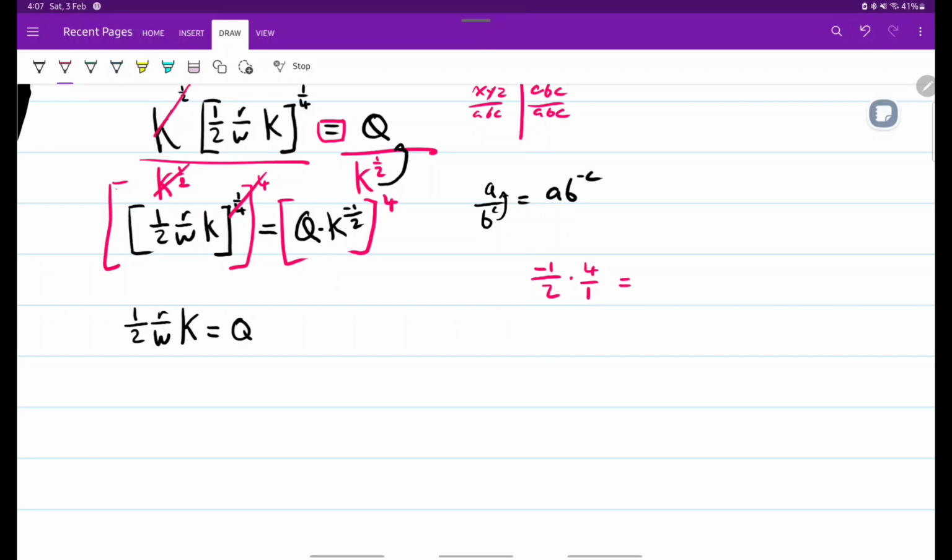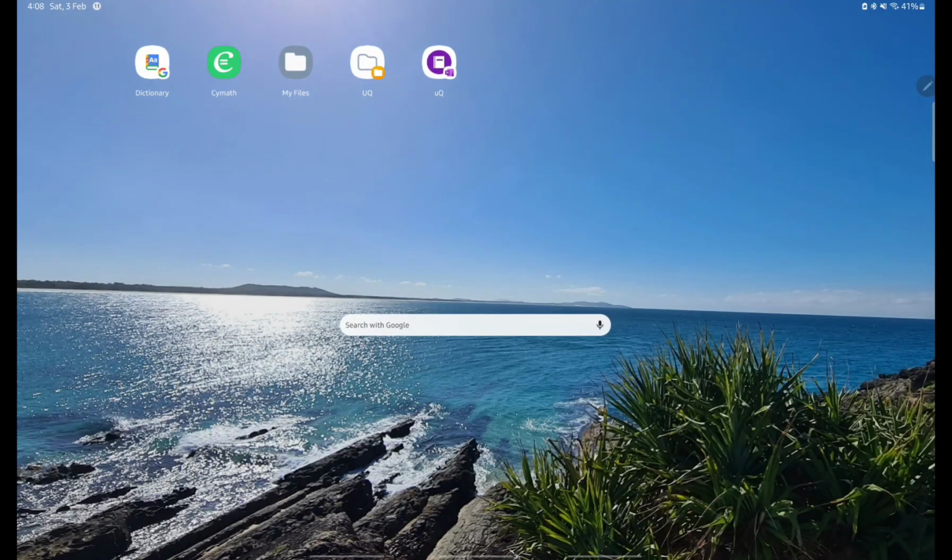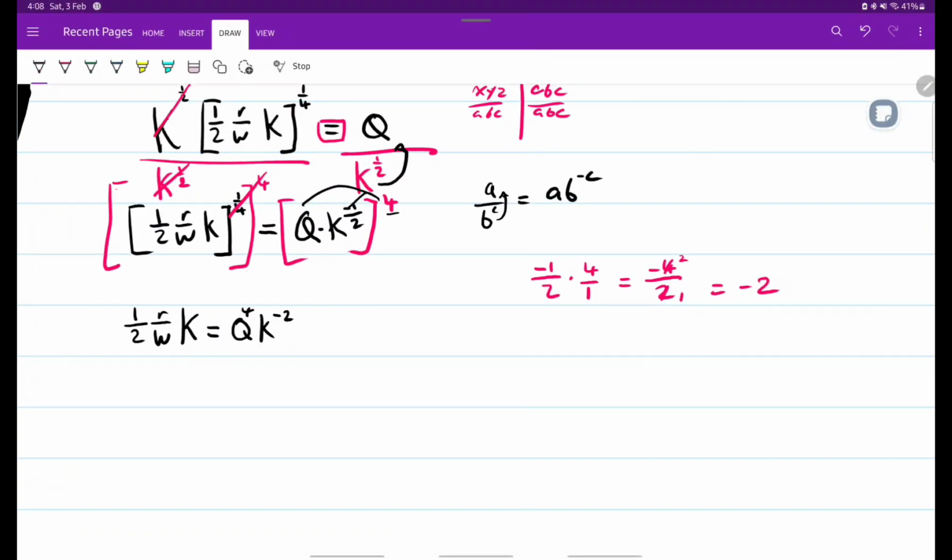Again, multiplicative fractions are very nice because they just multiply across. You will get -4/2 equals -2. So that is going to give you k to the -2. But also, before I forget, that 4 is going to distribute to both of those terms within that. So you also have q to the 4th.